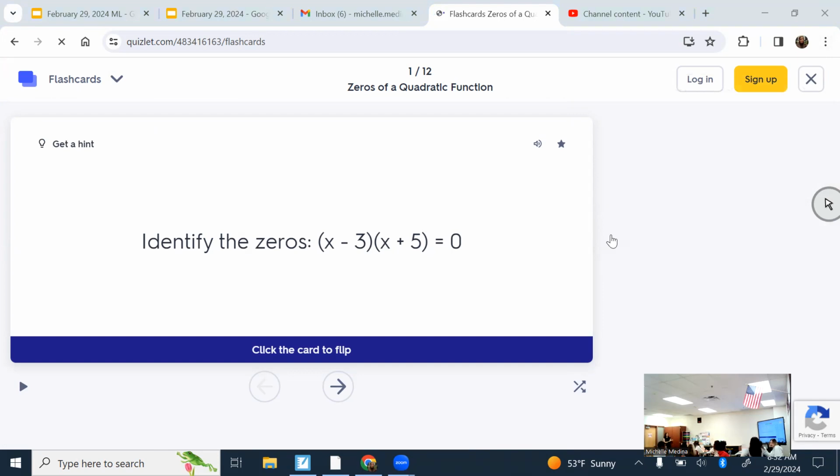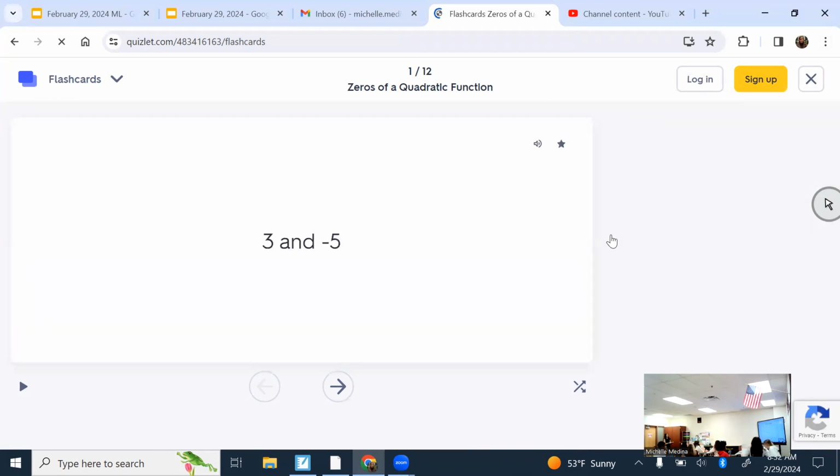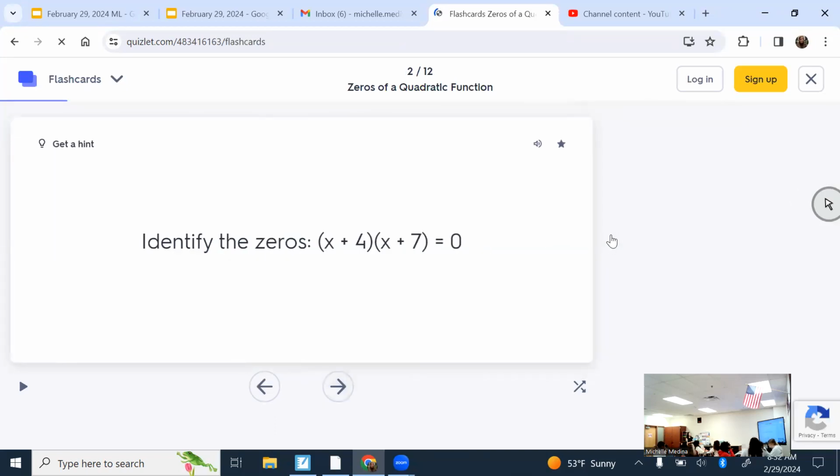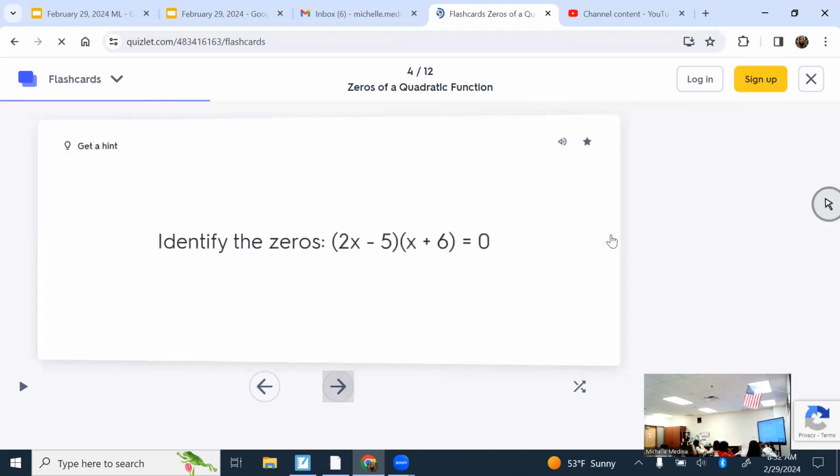What are my x-intercepts? 3 and -5. Think about it, don't say it yet. Using what we learned today, what will my x-intercepts be? Okay, good. Next one. We already did that one, I think.